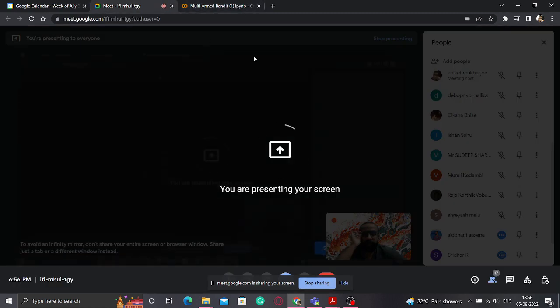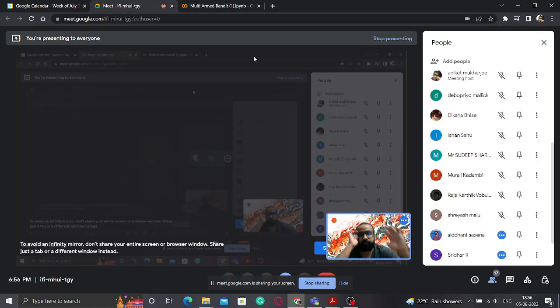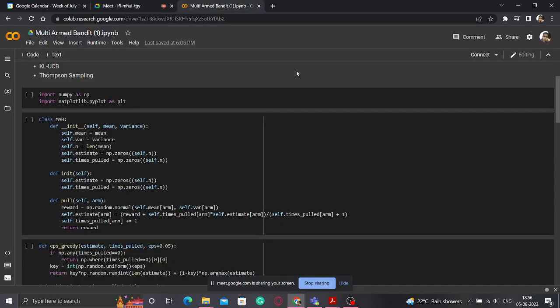Could you ask the question once again? I was asking where we are considering the meaning of the reward term. If we have four arms and each is sampled an equal number of times, how does UCB give different answers?